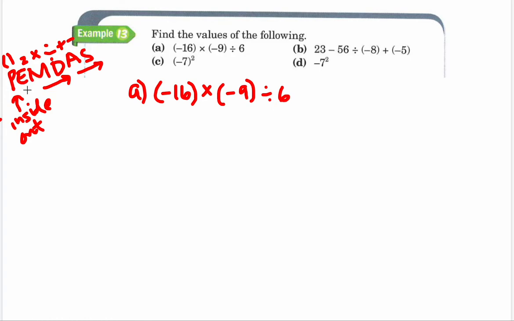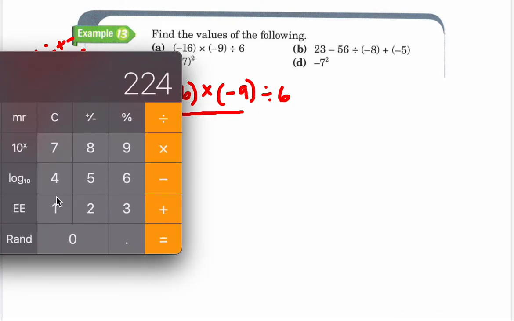Let's go on to E, exponents. I don't see any powers, so there's no exponential work that needs to be done. Then I go on to multiplication or division, whichever I see first. I first see multiplication, so I'm actually going to underline that to show in my work that that's the first step that I do. Okay, and then I'm doing 16 times 9. I'm going to take out my calculator for that. 16 times 9 is 144.